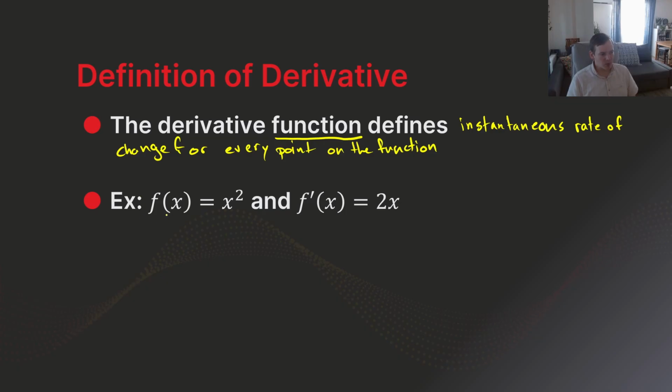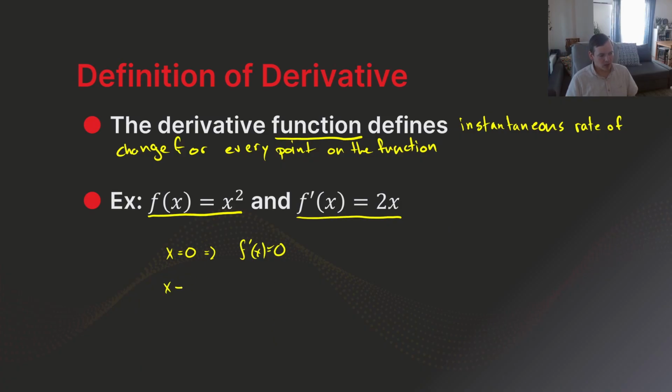So for example, if I have the function f of x equals x squared, and the derivative function f prime of x equals 2x, don't worry where I got this, just know that this is the derivative of that previous one, then that means the instantaneous rate of change at x equals 0 is also going to be 0, because I can plug it in here.